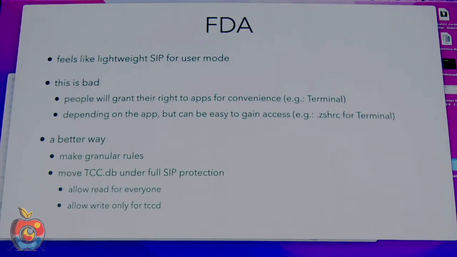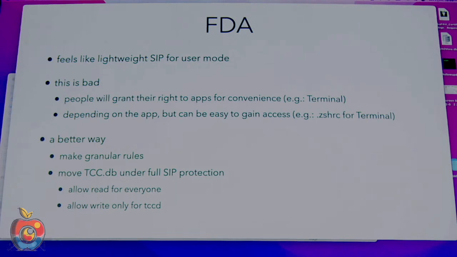It really feels like a lightweight SIP, but for user mode, which the user can turn on and off easily. And because it controls so many things, I think this is bad, because for convenience, people, especially power users, will just say, okay, I will give Terminal Full Disk Access and I'm done, I don't want to deal with all these prompts and permissions.